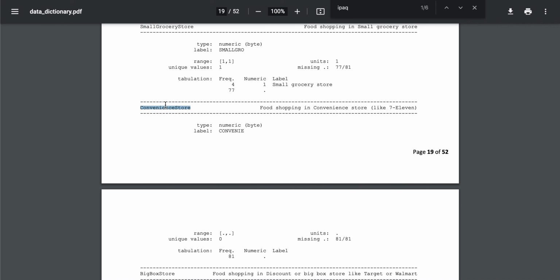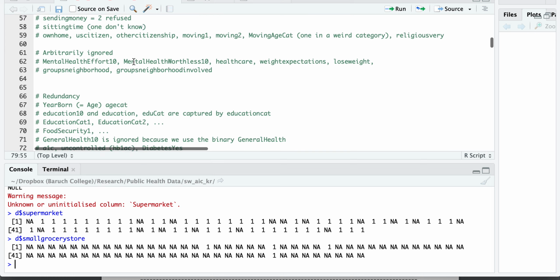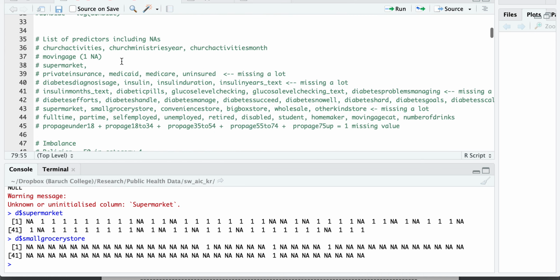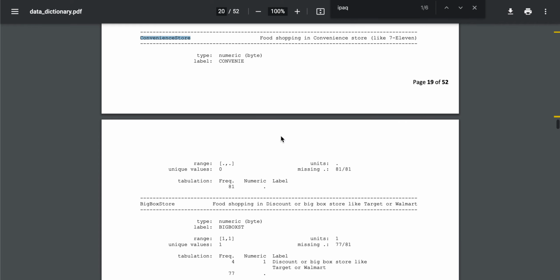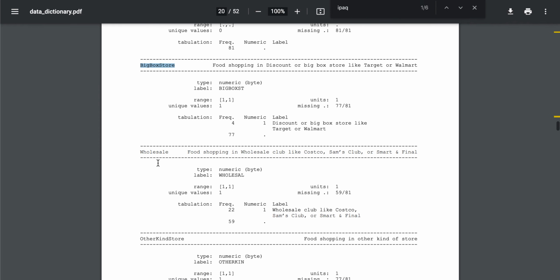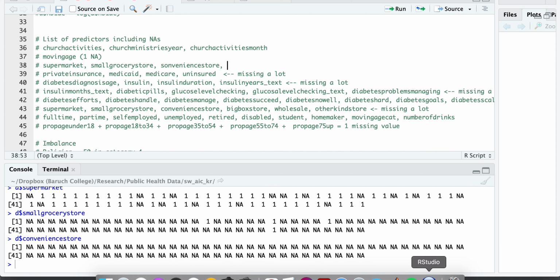Convenience store. Yes. Big box store, wholesale. All these are missing.